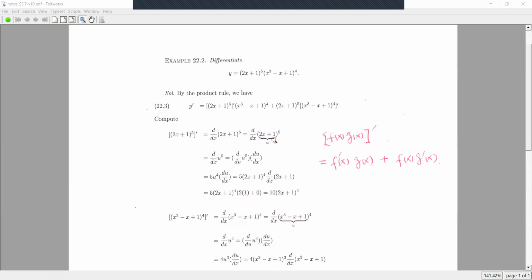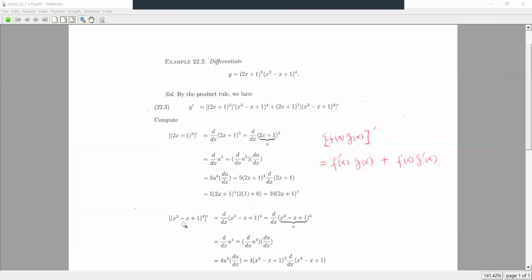Plug in 2x plus 1 in the u here, then we have this equation. Now, the derivative of 2x plus 1 with respect to x is 2 times 1 plus 0. This is 2. 2 times 5 is 10. So this is the result of this derivative.